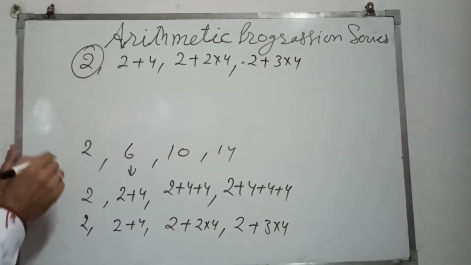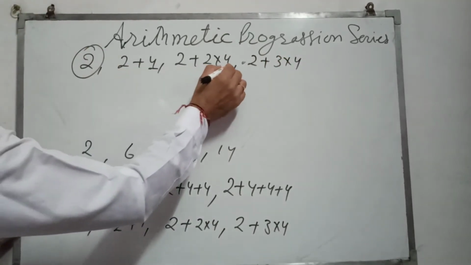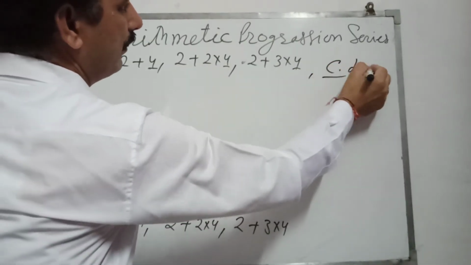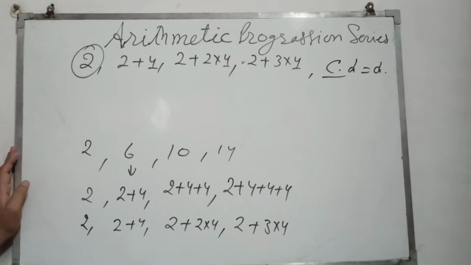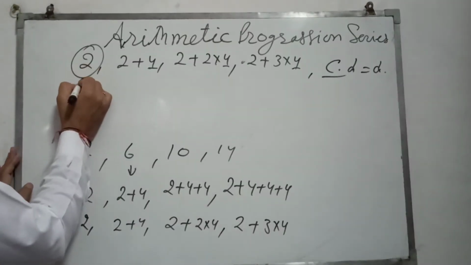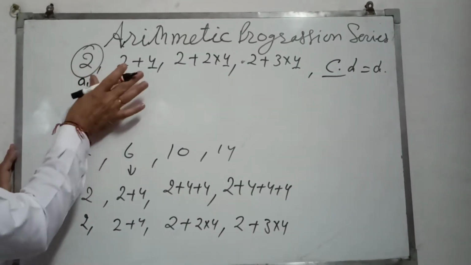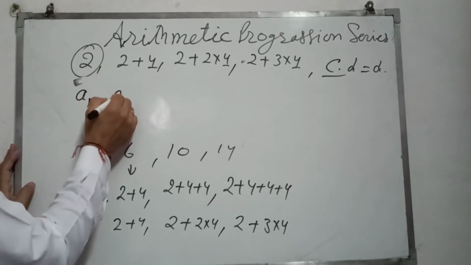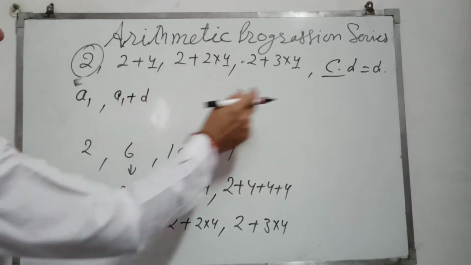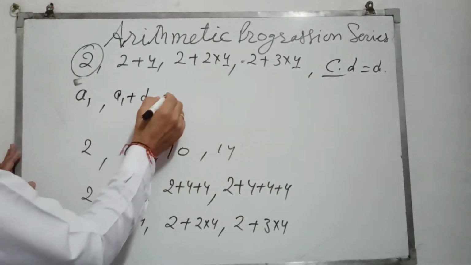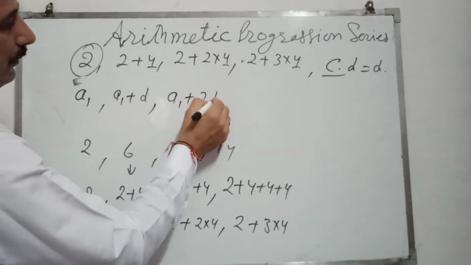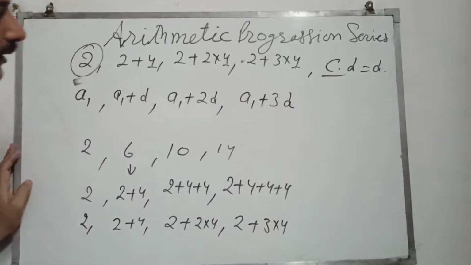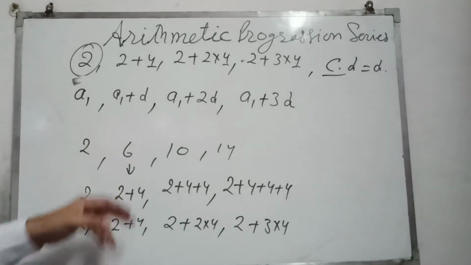So 2 becomes A1, and the fixed number becomes the common difference, which we denote by D, right? So in general form it becomes A1, A1 plus D, A1 plus 2D, A1 plus 3D, right?